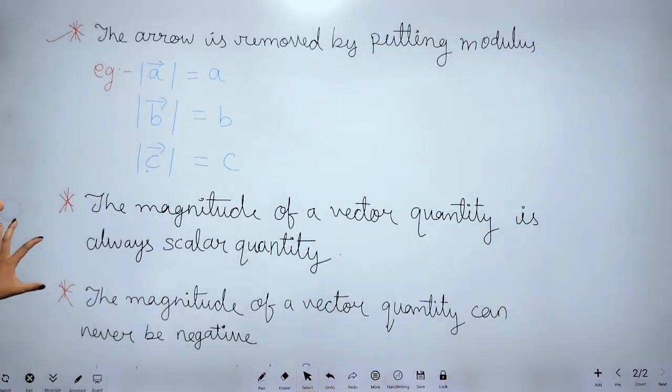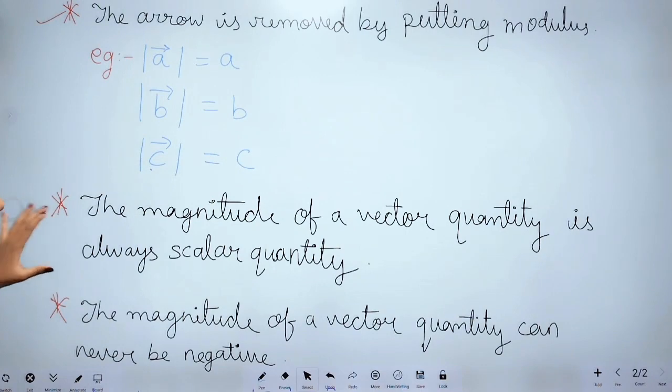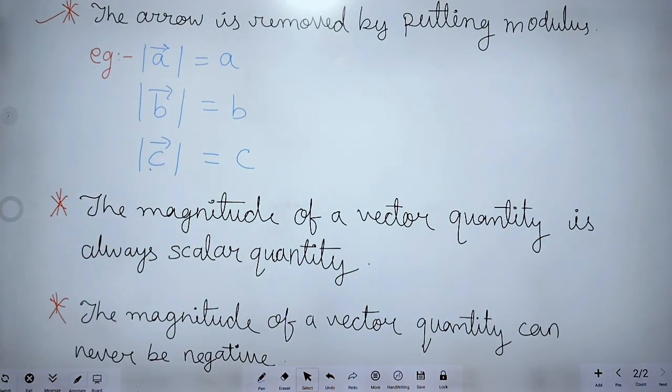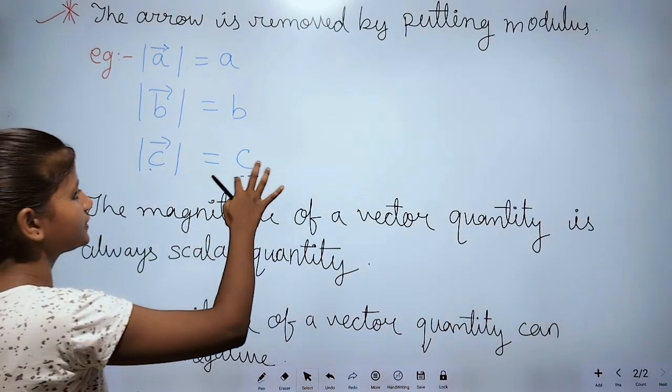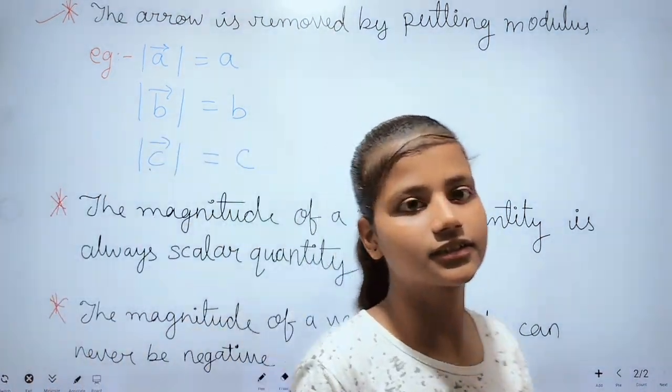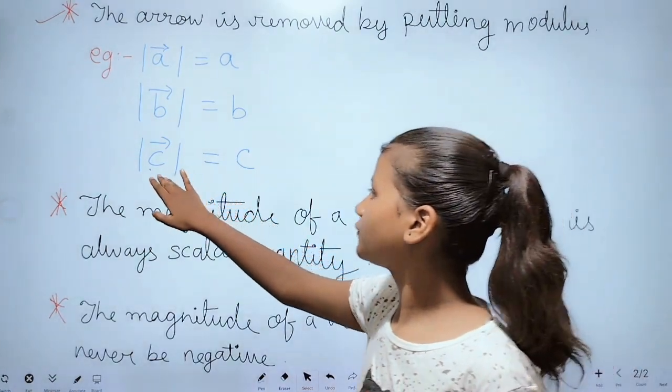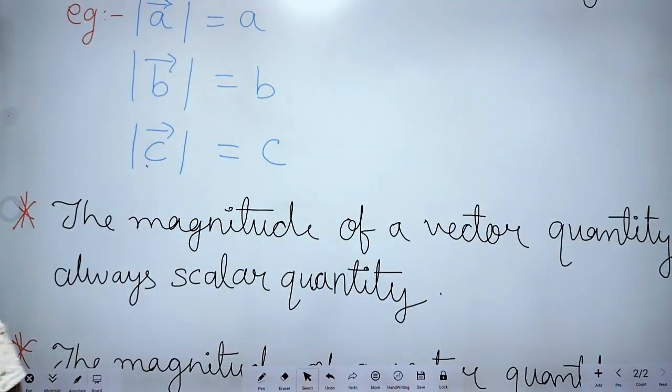Next point is the magnitude of a vector quantity is always a scalar quantity. Why? Because when we put mod, then the arrow is removed, and the arrow shows that this one is a vector.